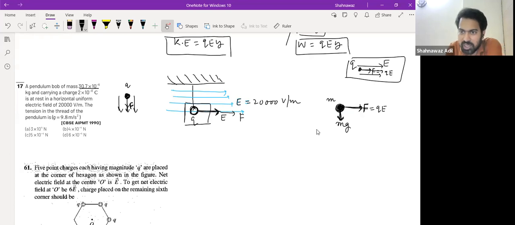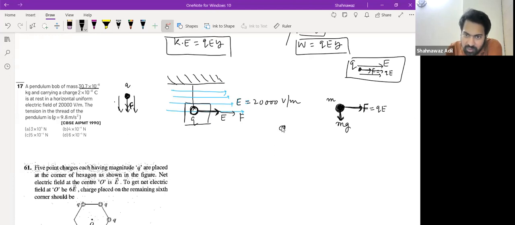So what would be the resultant force? Where would be the resultant force? Yes, we got disconnected. So where is the resultant force, Aisha? Could you repeat again?